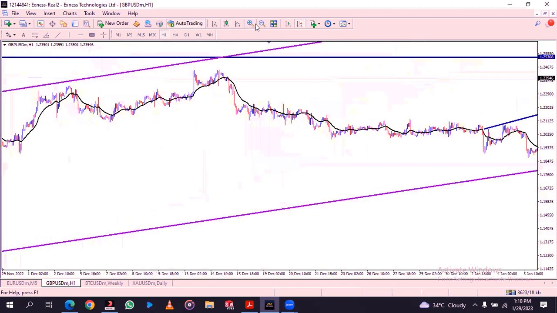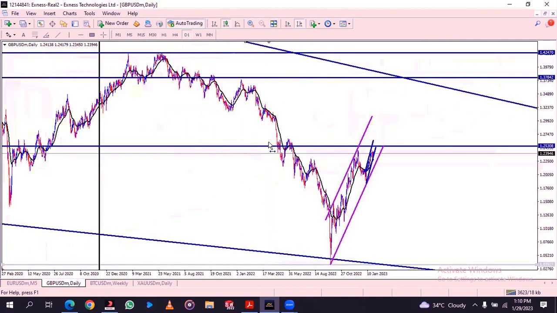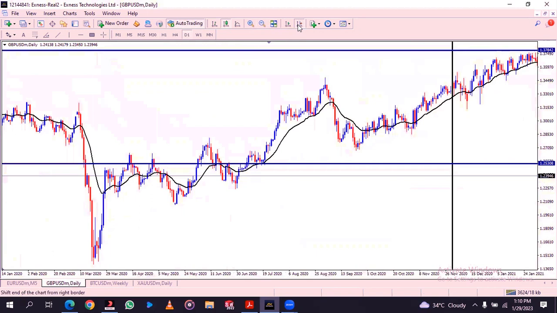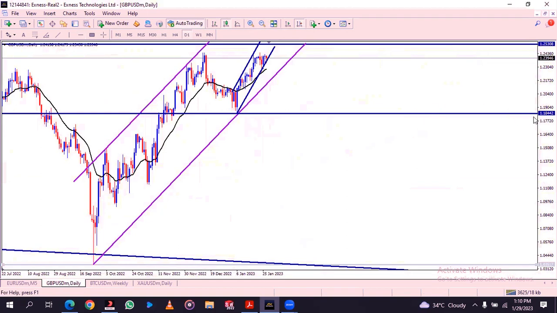Since this is the 1 hour, we know that in order for this market to change back to bearish, we must have a break in the daily time frame market structure, which is this point. So we need a close below 1.18442. So this is where the market will turn to bearish, a confirmation below this point.